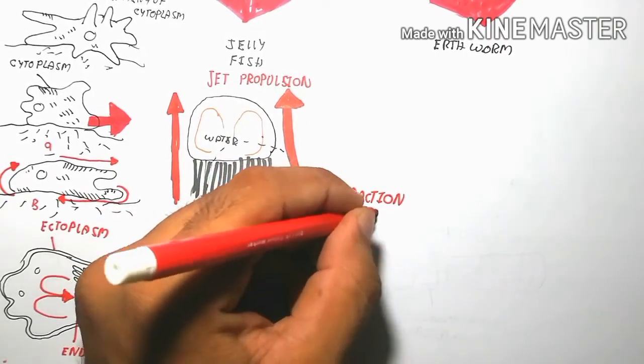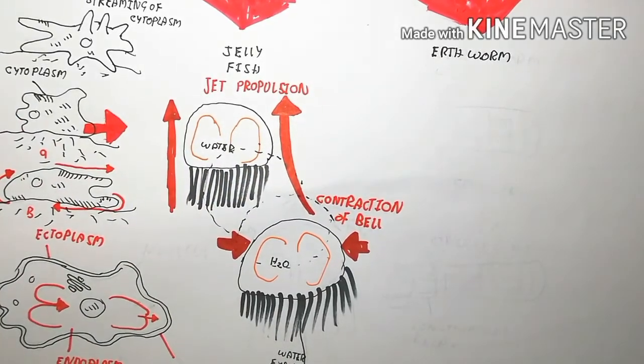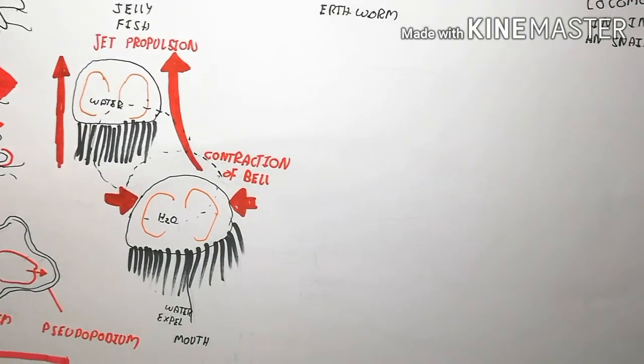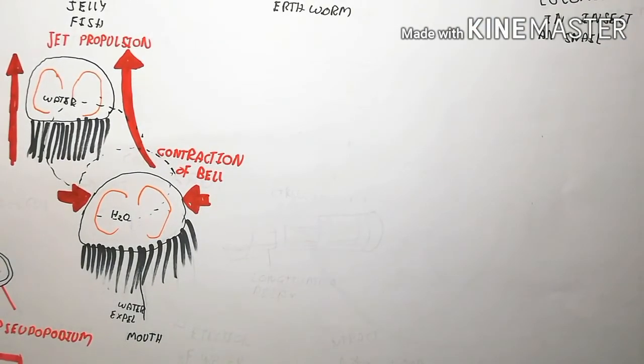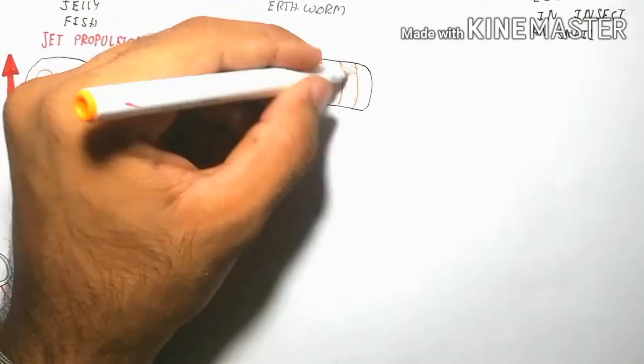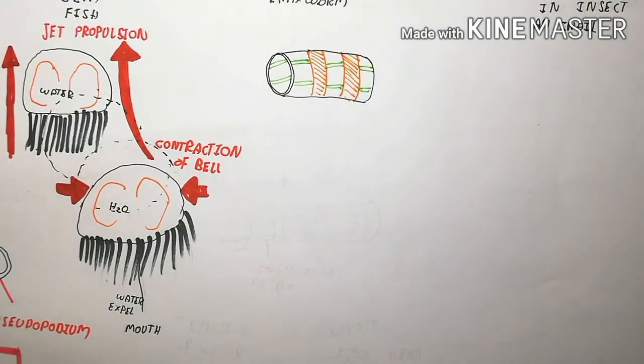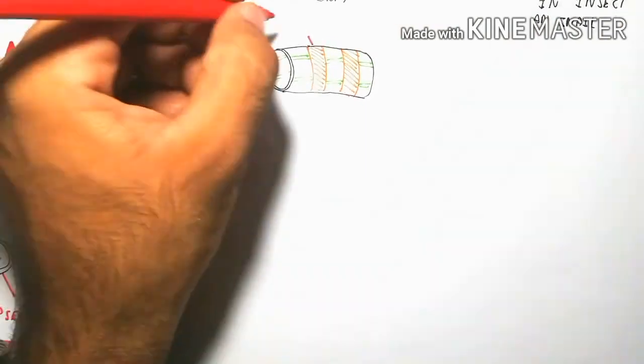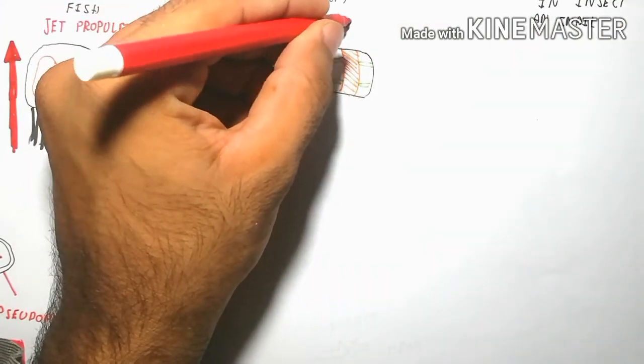So the basic jellyfish movement is due to the hydrostatic skeleton, which is water pressure from the contraction of the outer epithelial cell layers. So that is a multicellular organism.